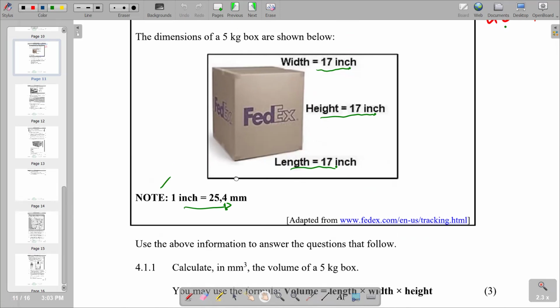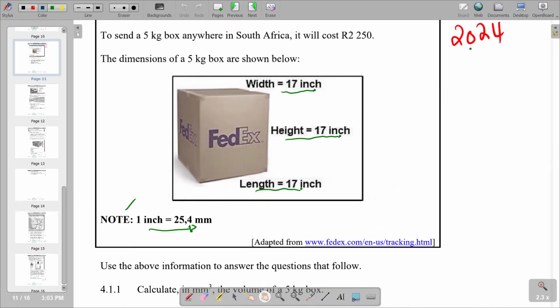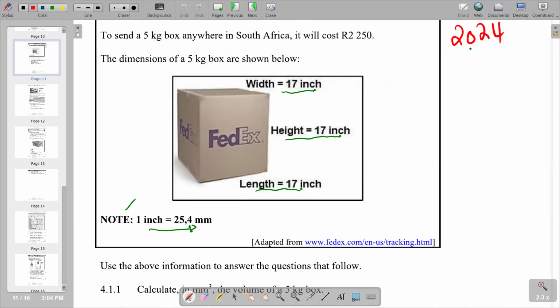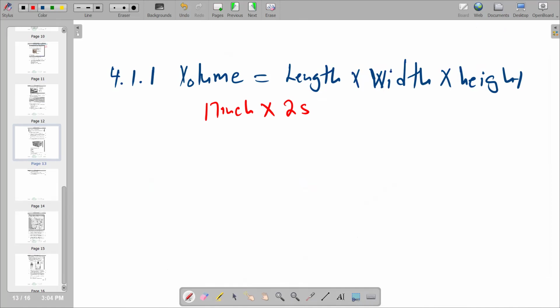We are going to say 17 inches times 25.4 millimeters. If you multiply, we are supposed to get 431.8 millimeters.